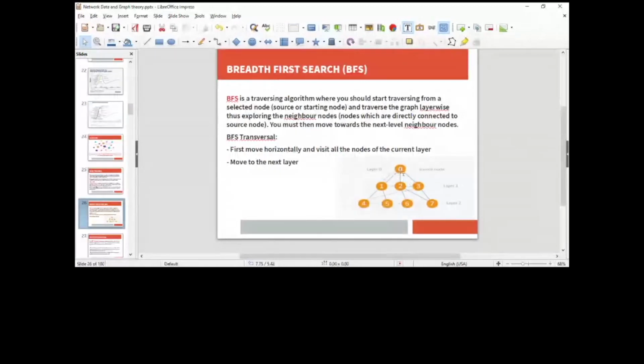This is the root node. So for the BFS, when you start traversing, you start from here, and it goes down. You see, it goes down. This is now what we define as a path. It goes from this node to this node, and then it goes to this node.